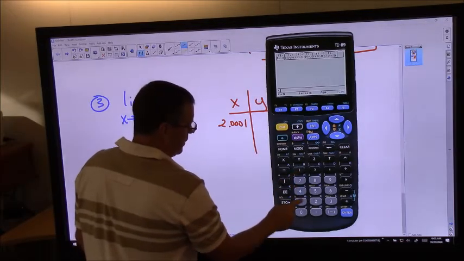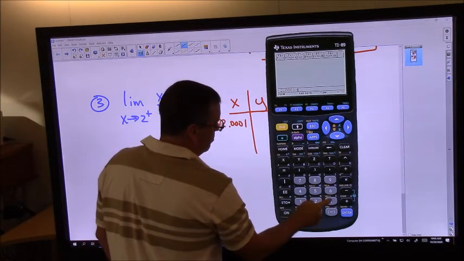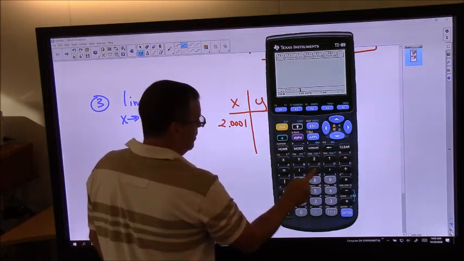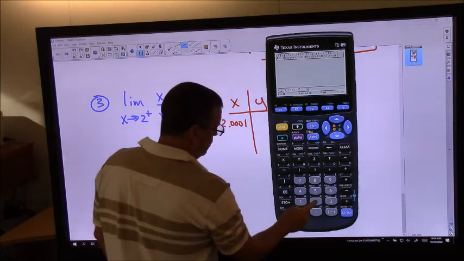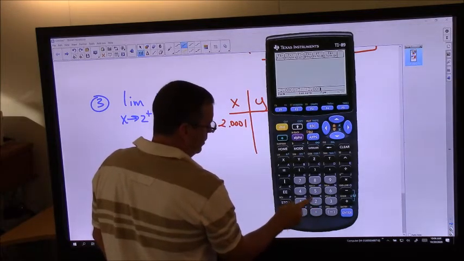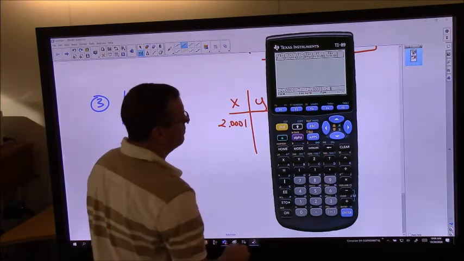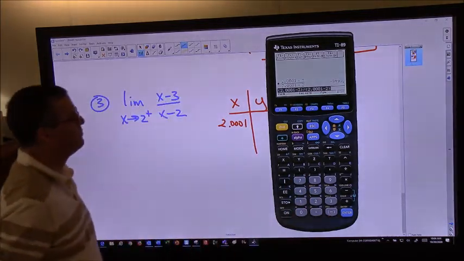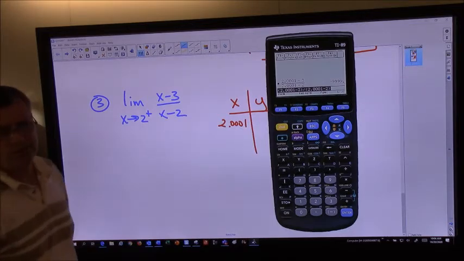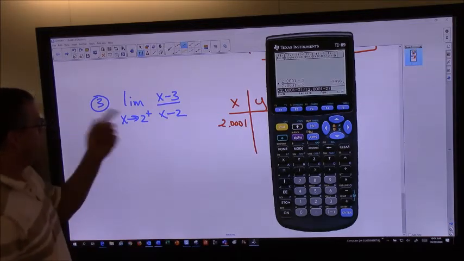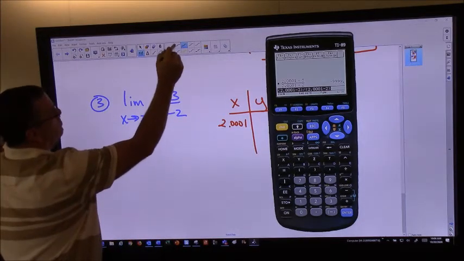All right, so I've got 2.0001 minus 3 in the numerator, and in the denominator, I've got 2.0001 minus 2. I get a negative 9,999.